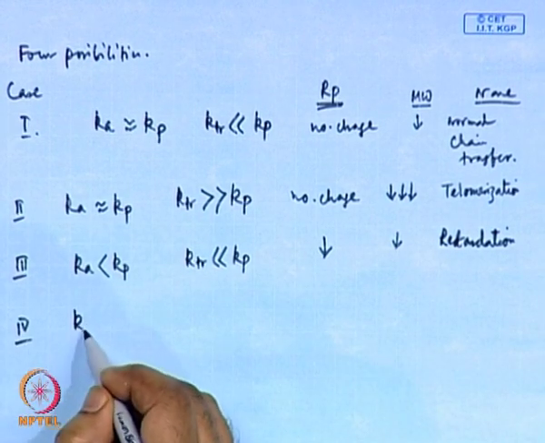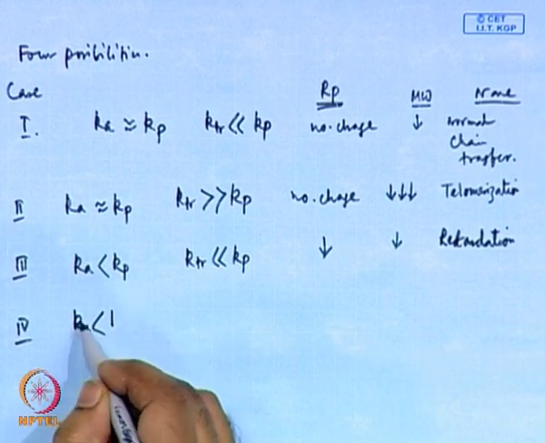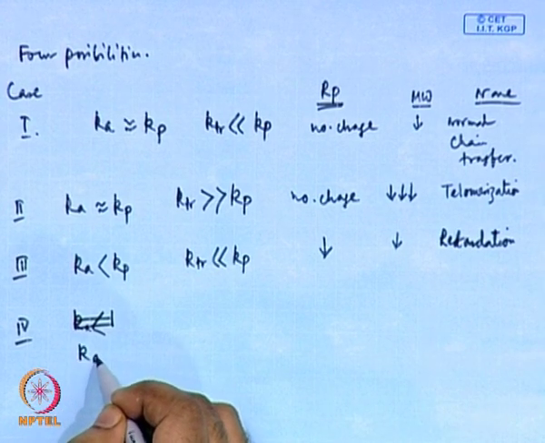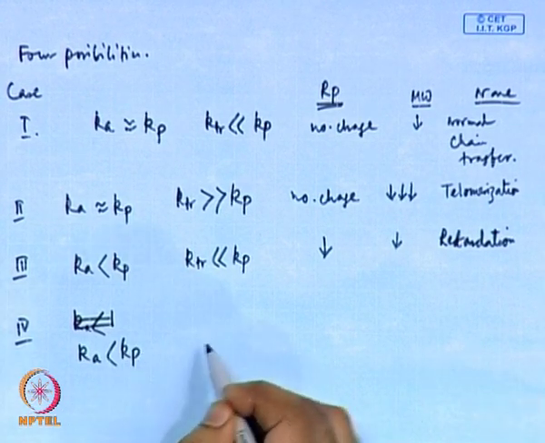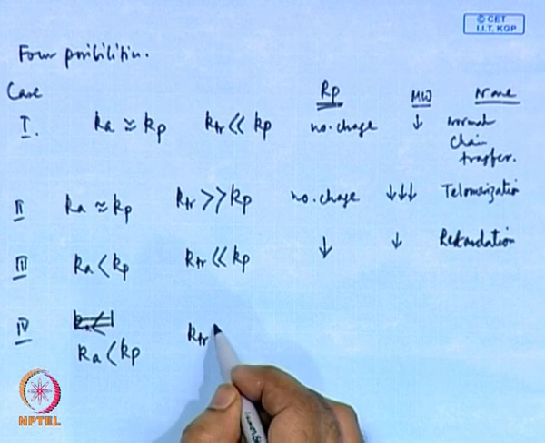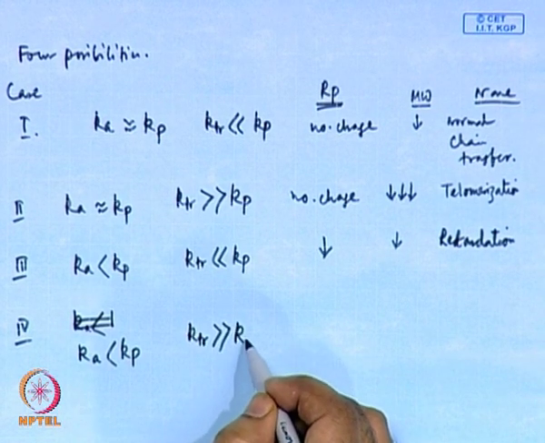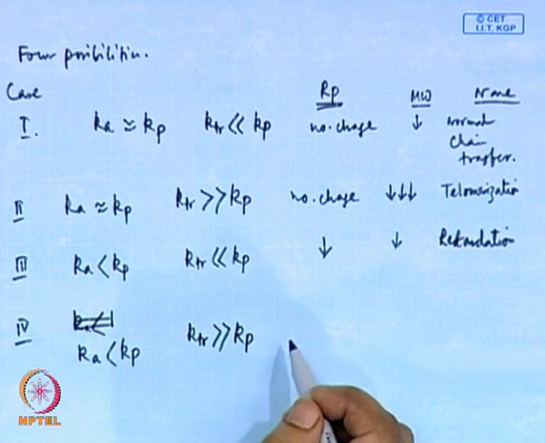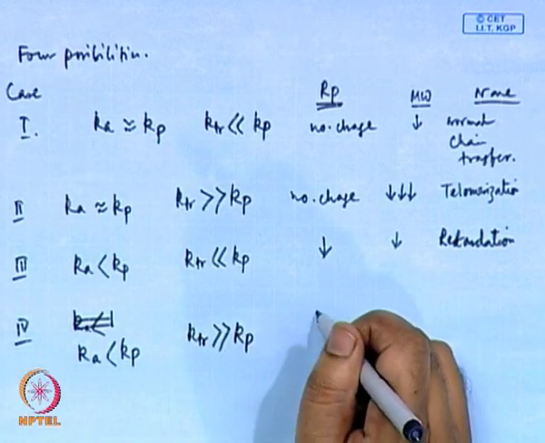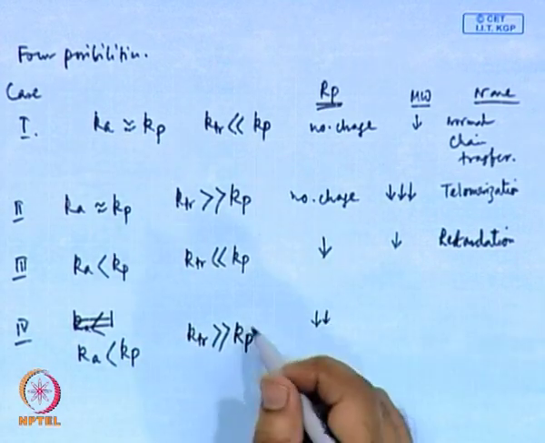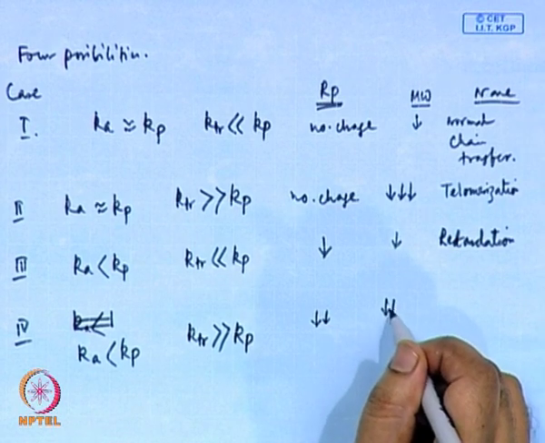Now, there is the fourth case, the worst case, where Ka is lower than Kp and K transfer is higher than Kp. In this case, because this rate comes down, and because of this the molecular weight has a large drop.